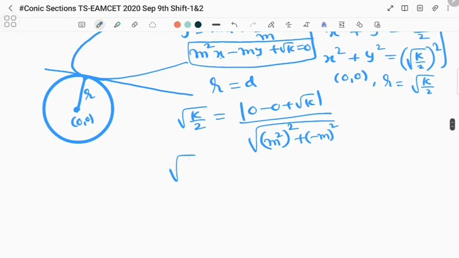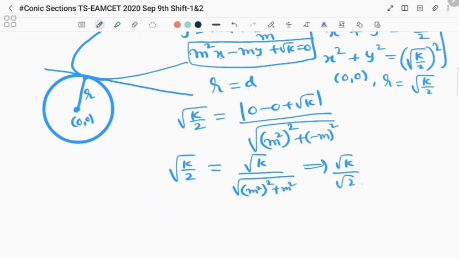So root k by root 2 is equal to root k divided by root of m square whole square plus m square.